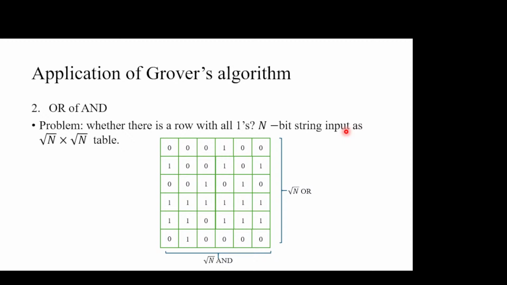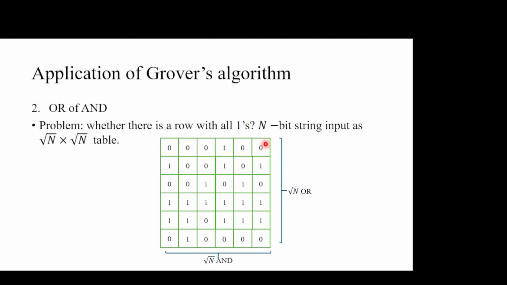Grover's algorithm solves the OR function and also solves the AND function. So how about we compose the OR function and the AND function together and see how we can apply Grover's algorithm on it?